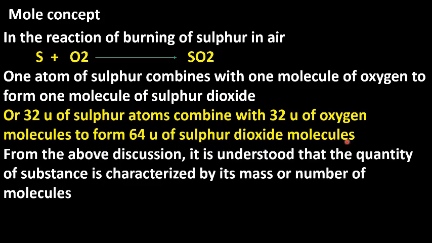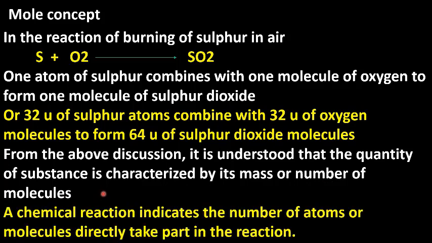From the above discussion, it is understood that the quantity of a substance is characterized by its mass or number of molecules shown in the equation. A chemical reaction indicates the number of atoms or molecules that directly take part in the reaction.